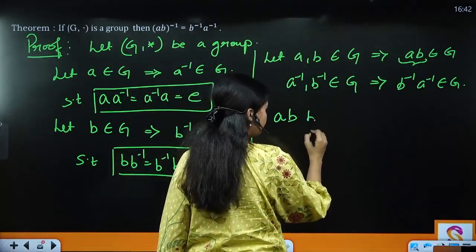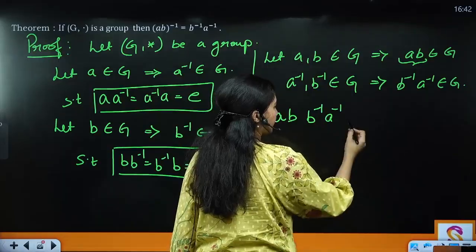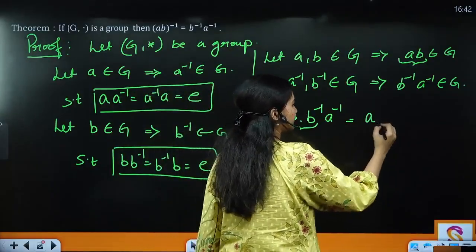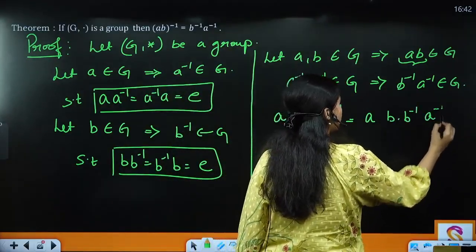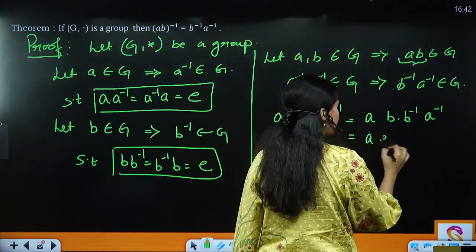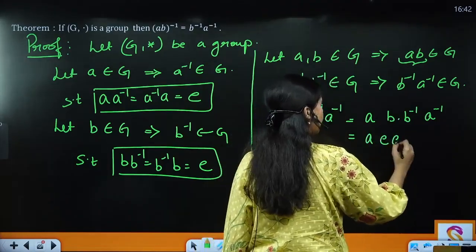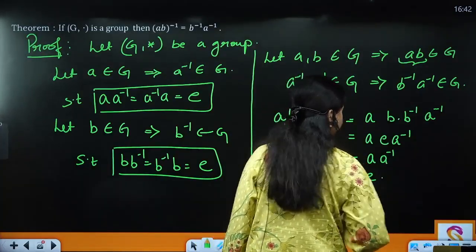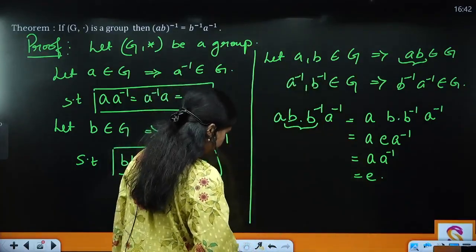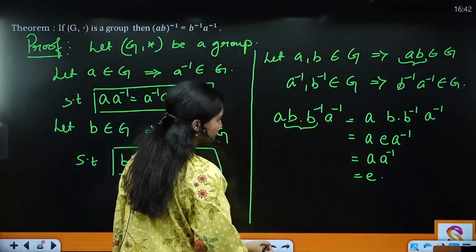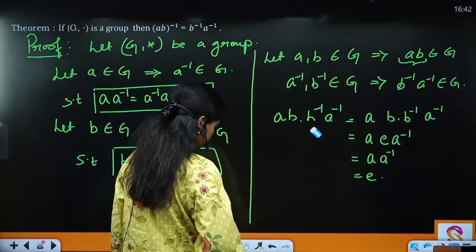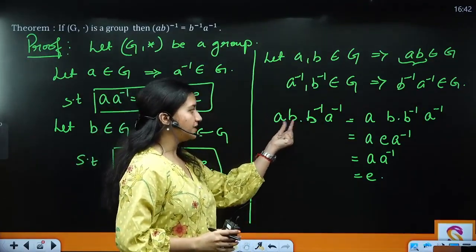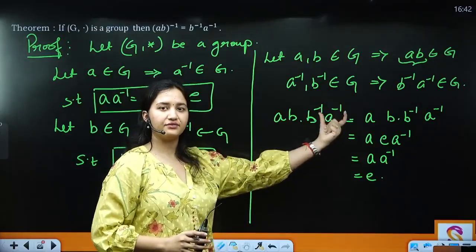AB, B inverse A inverse is going to be, can I solve these two first? So A, B dot B inverse, A inverse can be written as A E A inverse, which is nothing but A A inverse equals E. Now from here, can I say that AB and this part B inverse A inverse are inverses of each other?